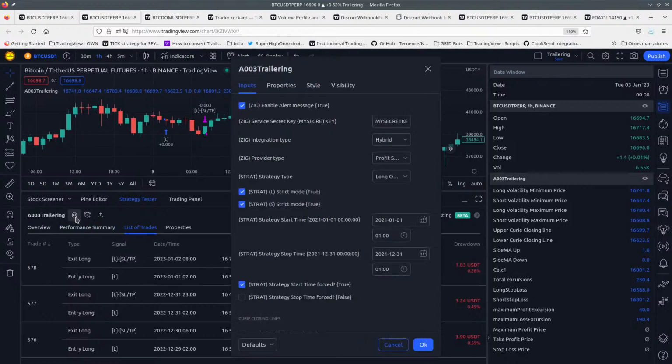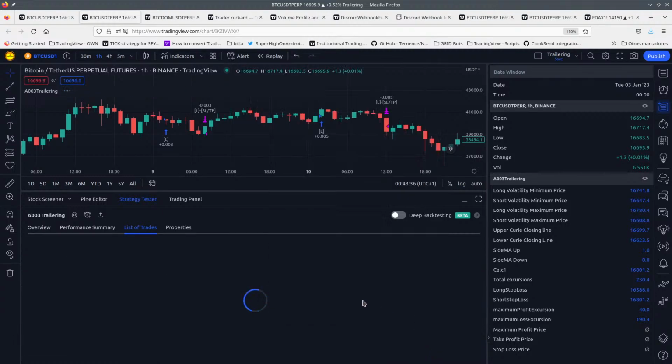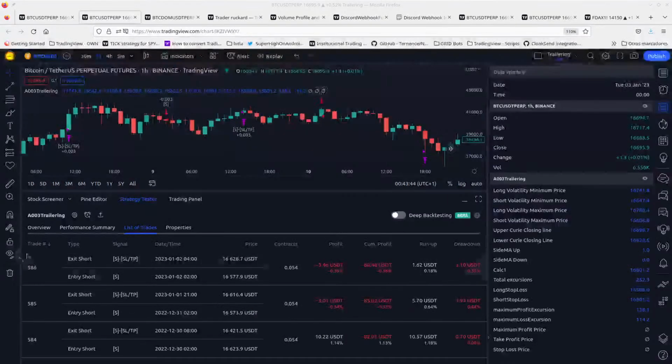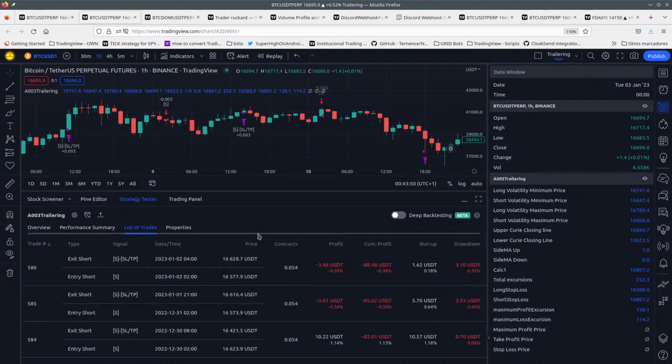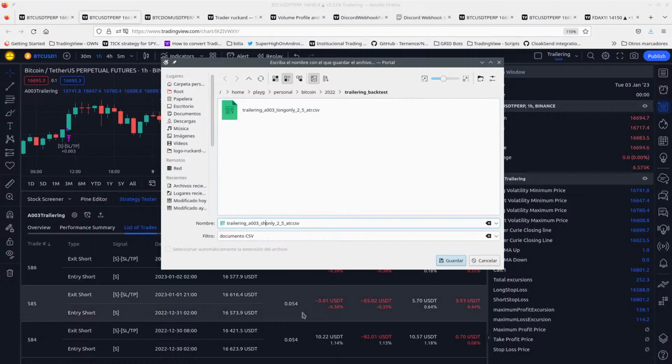And now we're going to change this so that it's short only. So you can see how it's different, and we can export this too so that it's short only.